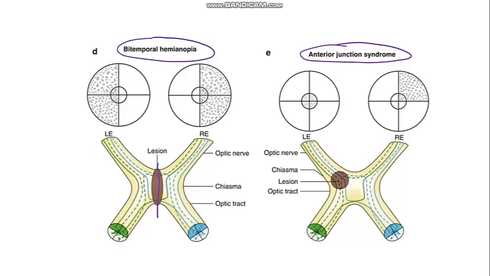It is normal. It is seen in your eyes and my eyes, and mostly the inferonasal fibers are the first to be crossed. So if there is a lesion in the anterior part of the chiasma, one side nasal and temporal both fibers are involved, so there can be central or total field defect of that eye, and the other eye will have supratemporal or temporal defect because inferonasal fibers are the first to be involved. So this is known as a junctional scotoma, also known as anterior junction syndrome.